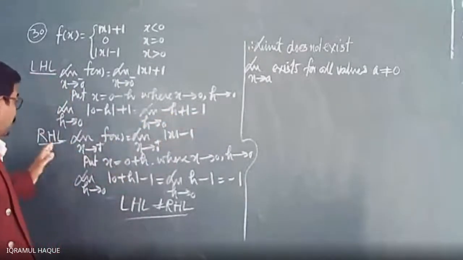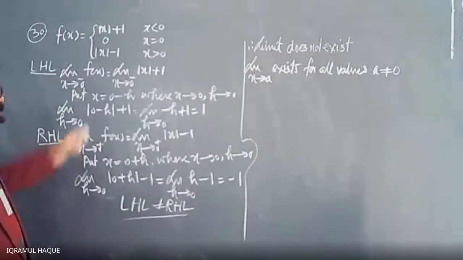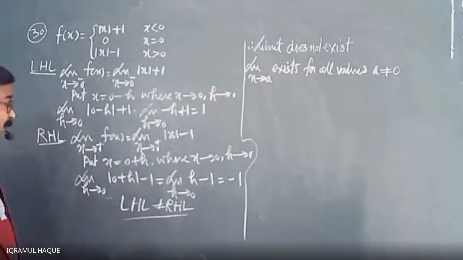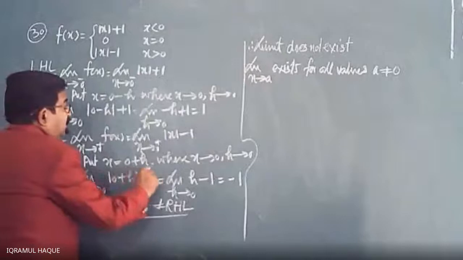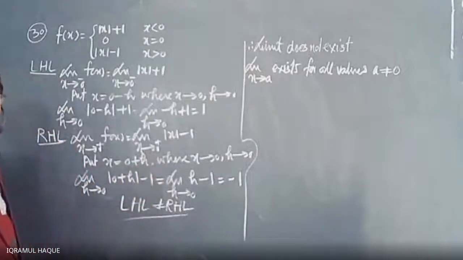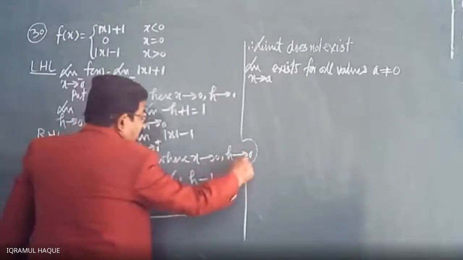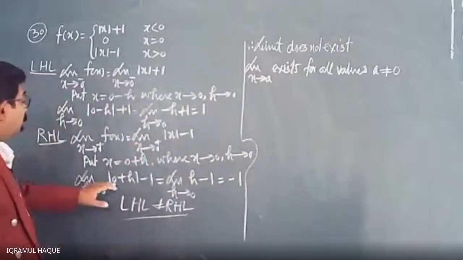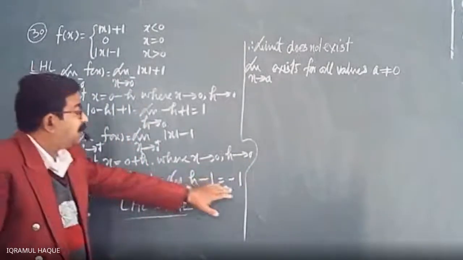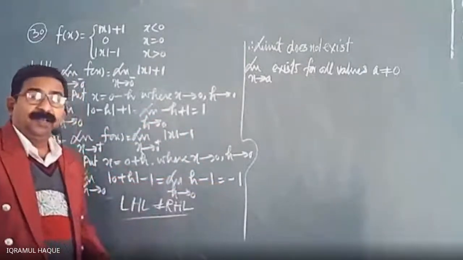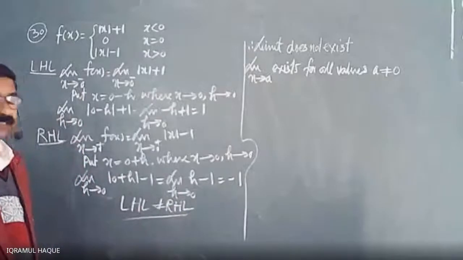In case of RHL, for this function, we have changed the limit, put x equal to 0 plus h, where x and h are tending to 0. So we have got the value minus 1. So LHL is 1 and RHL is minus 1, which means this limit does not exist.